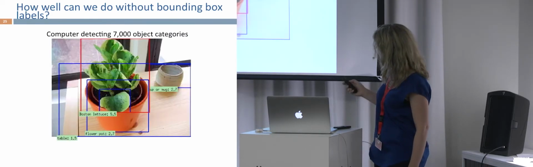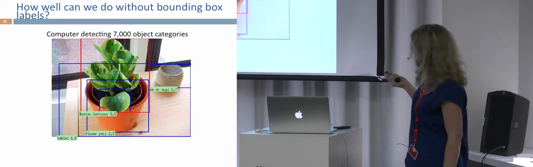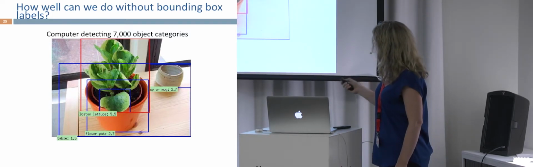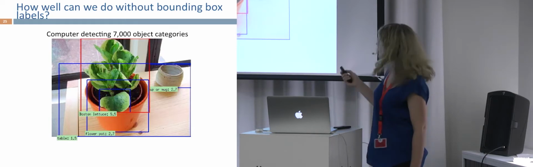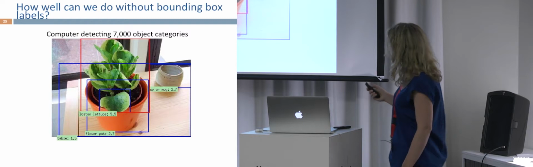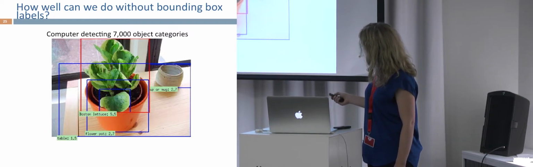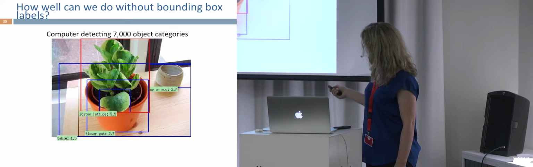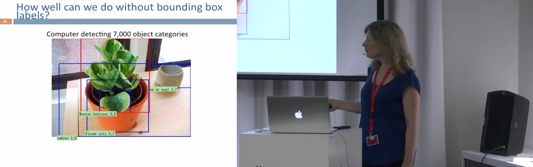And this is also the second method I'll describe today, a preview of detecting roughly 7,000 object categories. As you can see, it's able to detect this flower pot here, a cup or mug here, and this whole thing here the method thinks is a table.